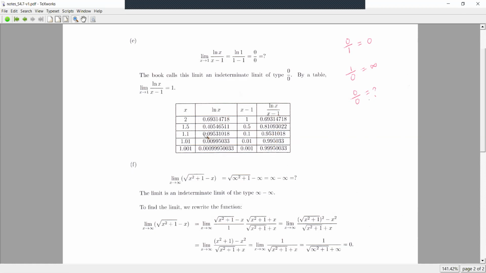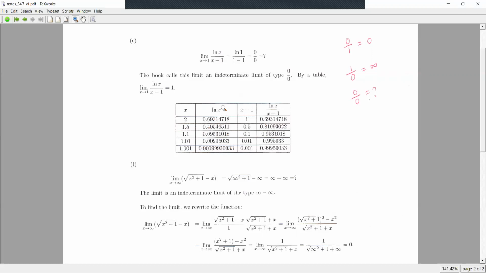Now, I let x approach 1 by first taking 2 for x. When x is 2, calculator, natural log of 2 is this number. 2 minus 1, 1. So function value is this. Then pick 1.5, calculator. Pick 1.1, calculator.